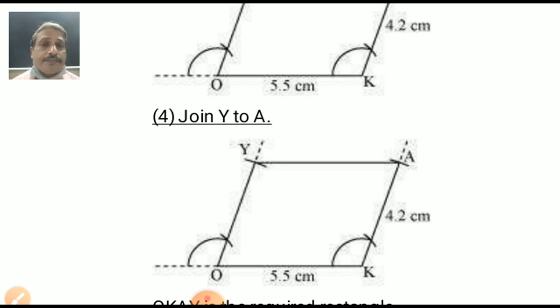No. No, not knowing. Yes, quad means 4 and lateral means side. Quadrilateral. Any figure made with 4 sides is called a quadrilateral.